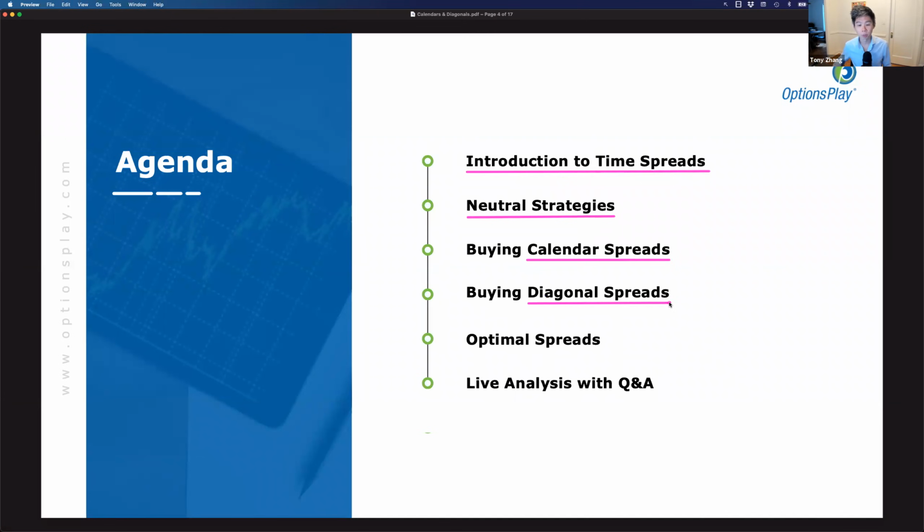Then we'll talk about bullish and bearish strategies by talking about diagonal spreads, which are useful when you have a mildly bullish or mildly bearish view. And then we'll talk a little bit about the optimal spreads for calendars and diagonals before we go through a few examples, and then open this up for Q&A.